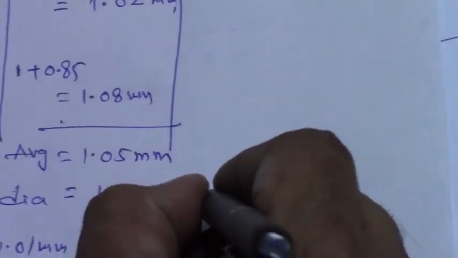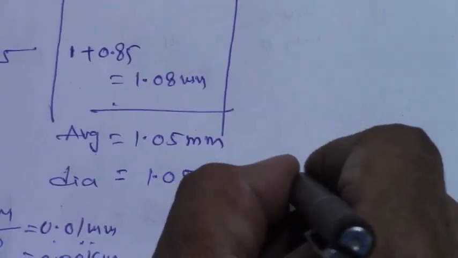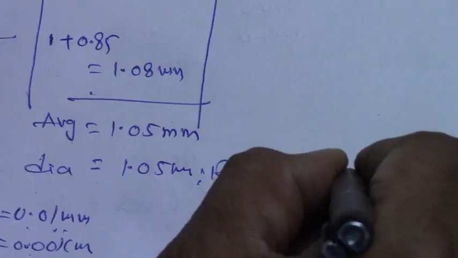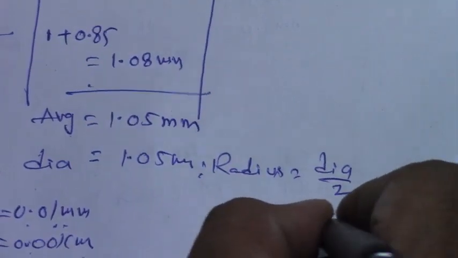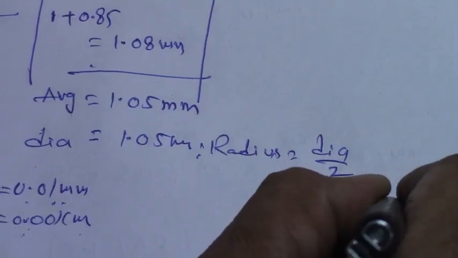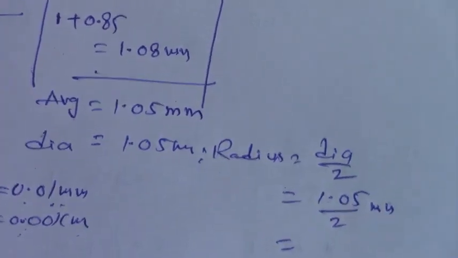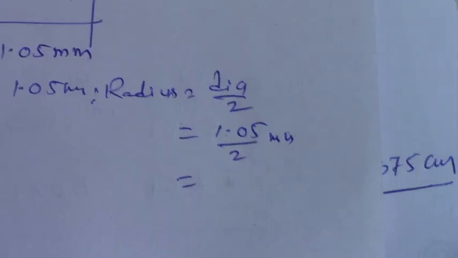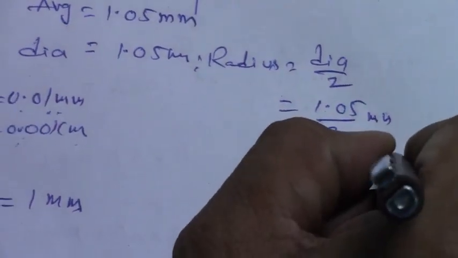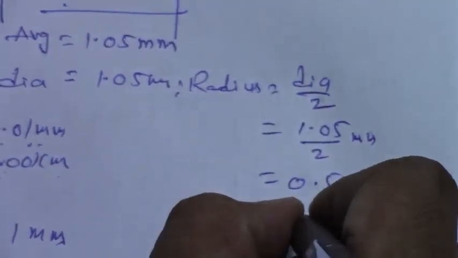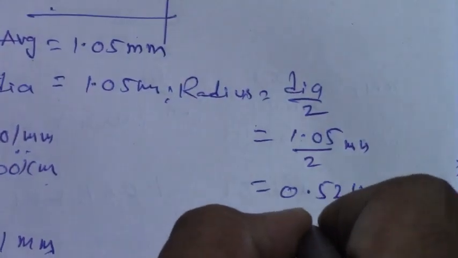It is 1.05 mm. So what is the radius, students? Obviously radius is equal to diameter divided by 2. So here 1.05 divided by 2 in mm, which is equal to 0.525 mm.